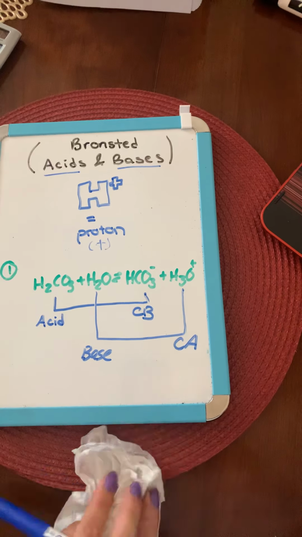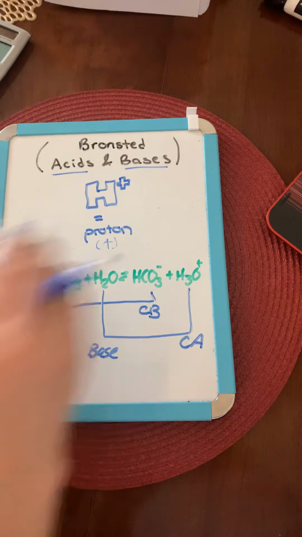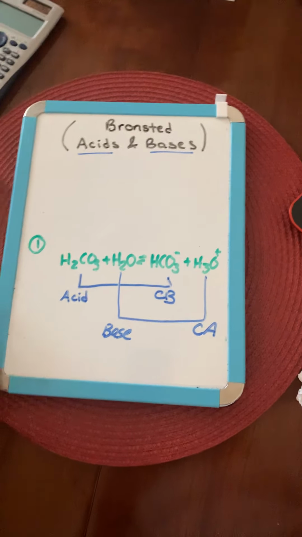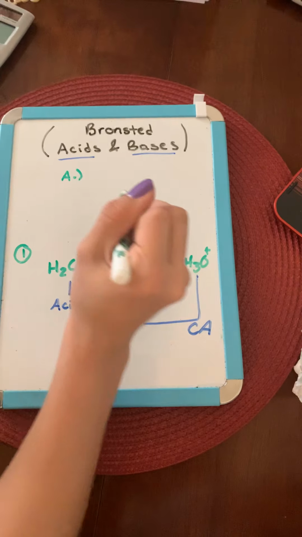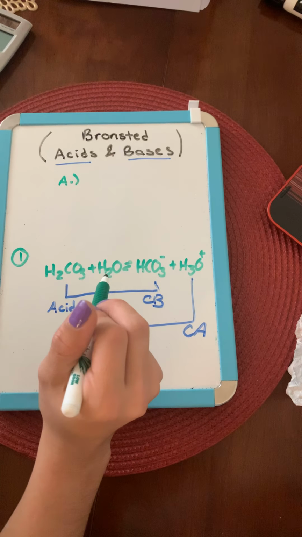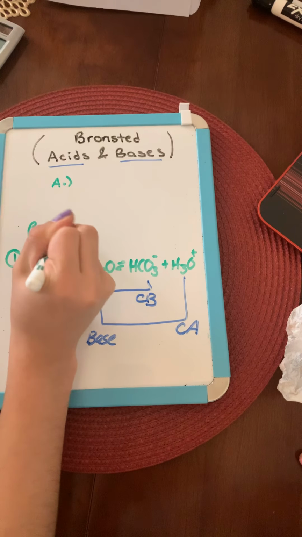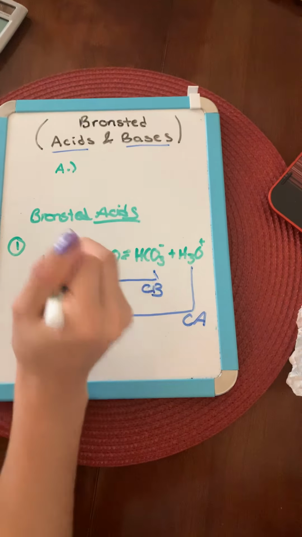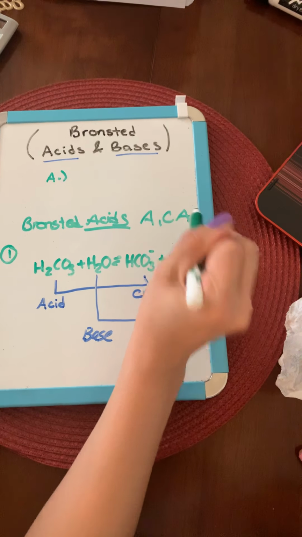Over here, these are the answer choices for that question. The question they're asking is, what are the Bronsted acids? What they mean by acids is not only the Bronsted acid, but also the conjugate acid.